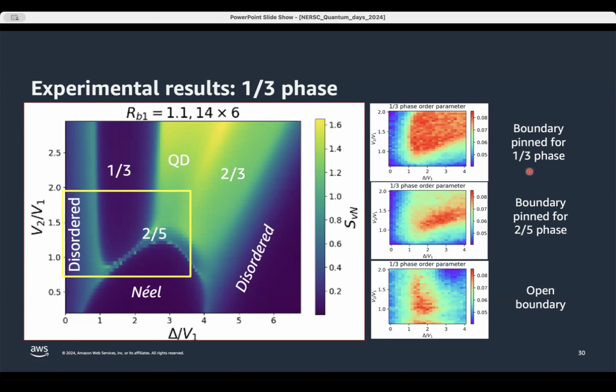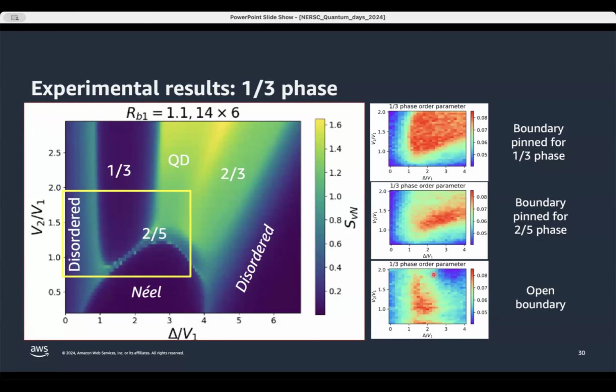Suppose I use the boundary atoms to pin the 1/3 phase, then I can see a bigger region that shows this region has a 1/3 phase. If I use boundary pinning to pin the 2/5 phase, I see a region that looks like this. And if I don't do anything, you can see that the phase is less clear in this region here.